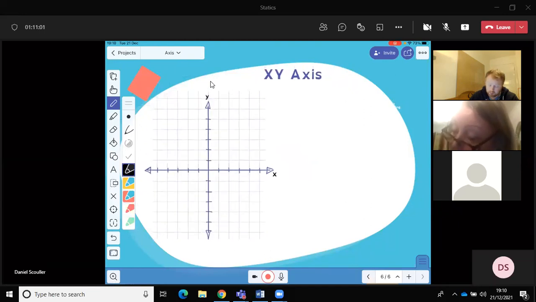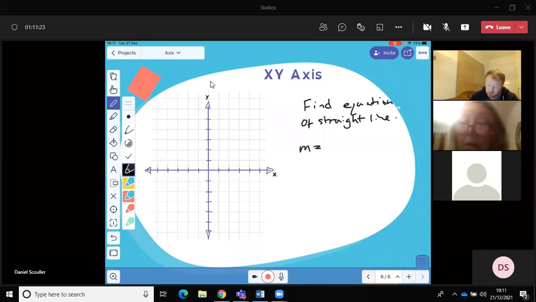So find the equation of the straight line when m is equal to -3 in a known position, so it goes through -2, -5.